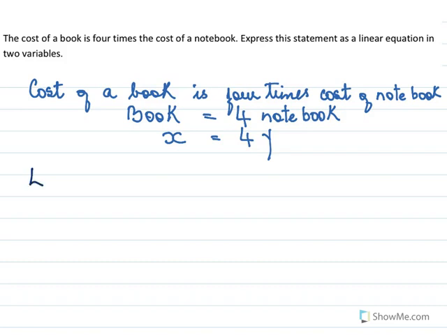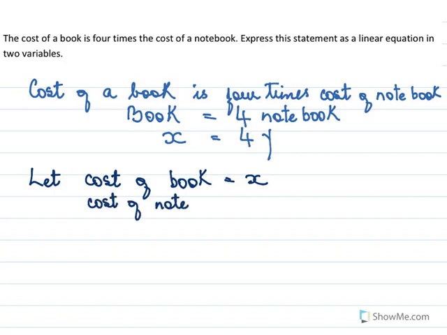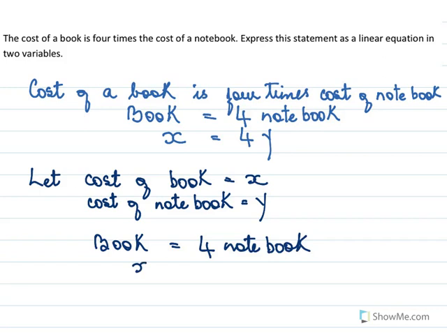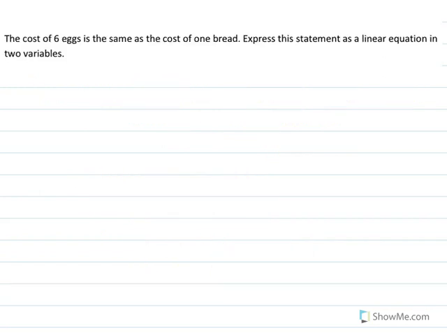Now, first we have to introduce what is X and Y. So we say let cost of book be equal to X and the cost of notebook be equal to Y. And they have given to us that book equal to 4 times notebook, which means X equal to 4Y.